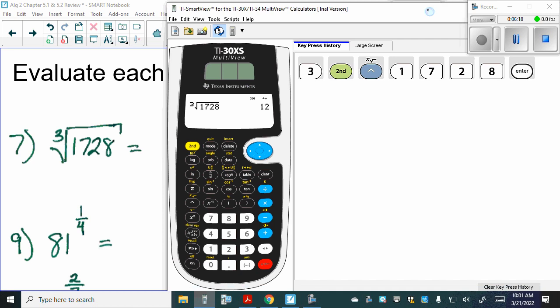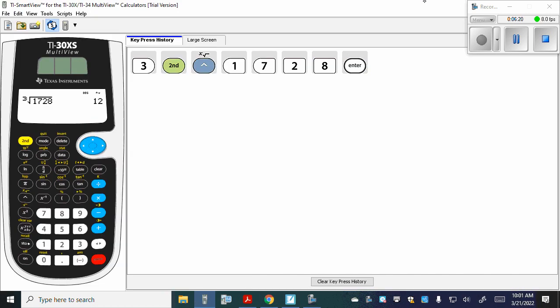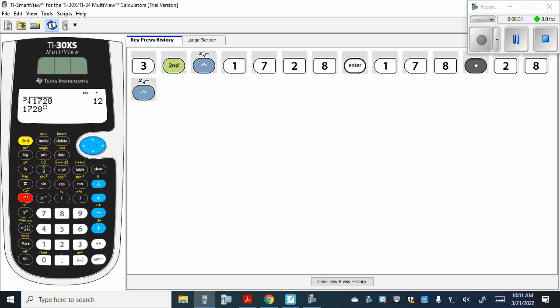We could have also done this as a rational exponent, 1728 to the 1/3, and actually gotten to the same thing, which for some of the roots might be easier to get to than trying to get to the cubed root.